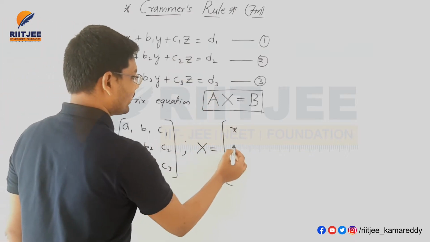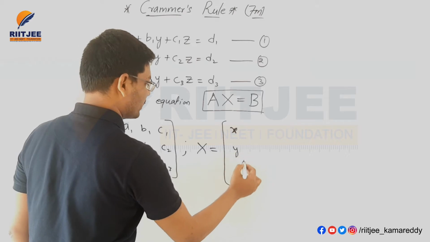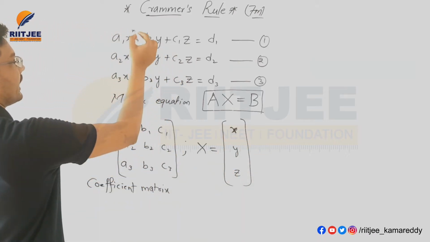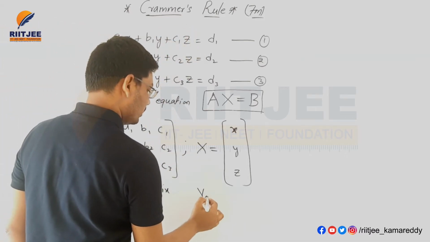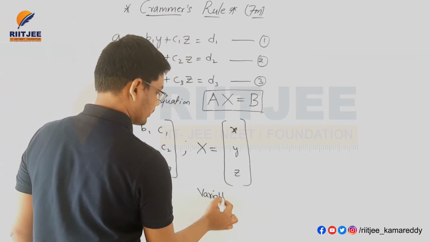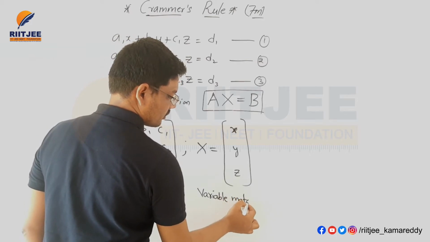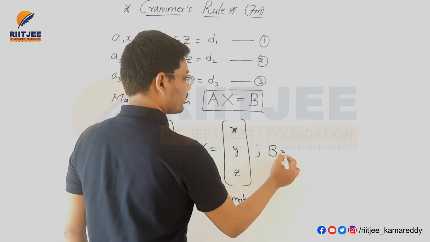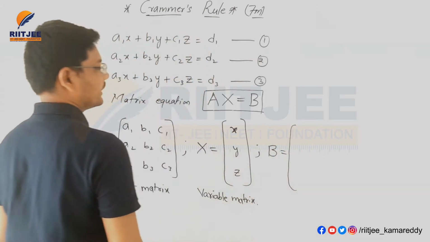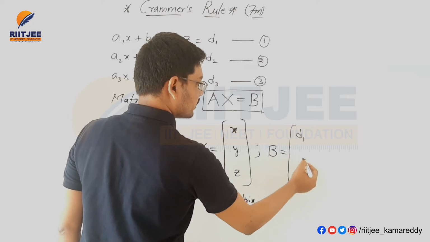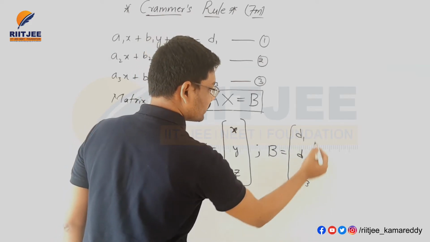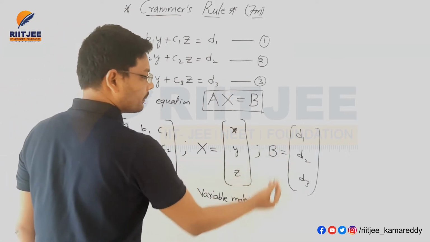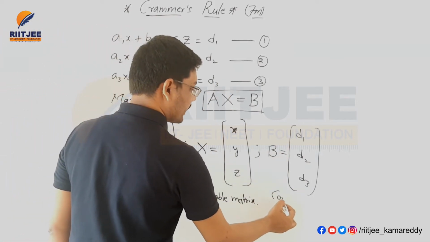X is nothing but variables. What are the variables we have in the equation? Those are called the X matrix. This is x, y, z. We have variables x, y, z here. This is called the variable matrix. And finally B is nothing but d1, d2, d3. These are the values of the linear equations called B. Here B is nothing but the constant matrix.